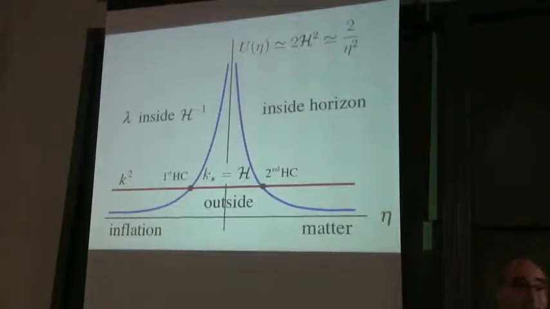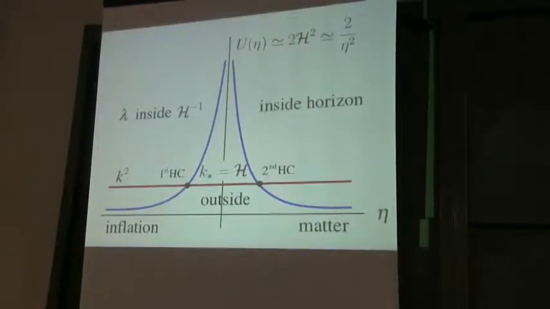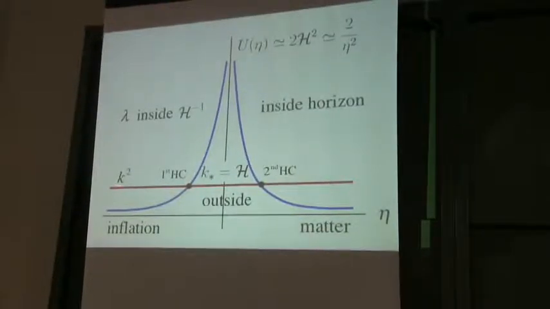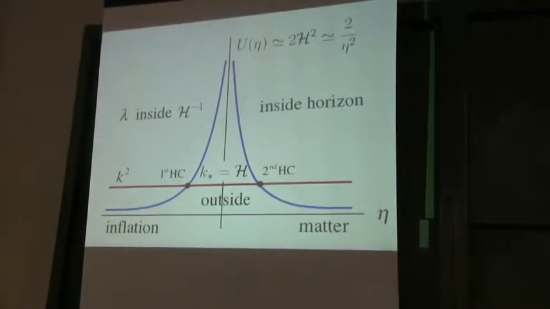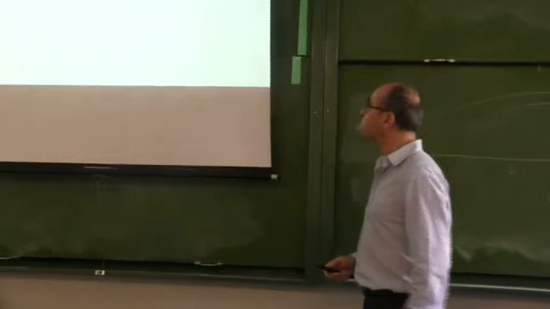Notice this is really very much like a scattering problem in quantum mechanics. So we're asking, what happens in this period? This is crucial in order to make the connection, for any given wave number, from deep inside the horizon during inflation to today, where we can observe what happens with those fluctuations.